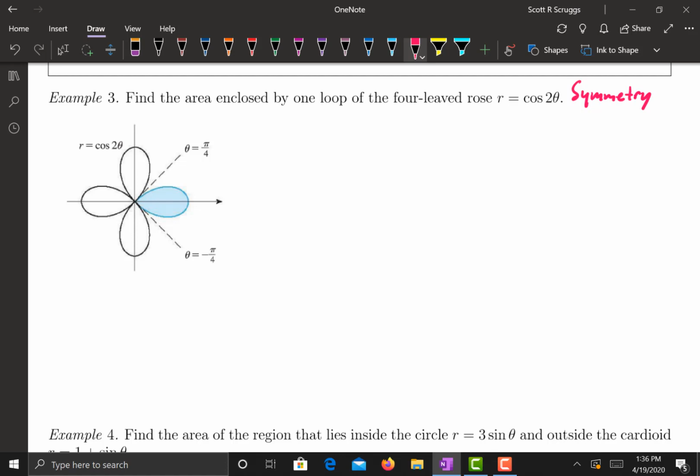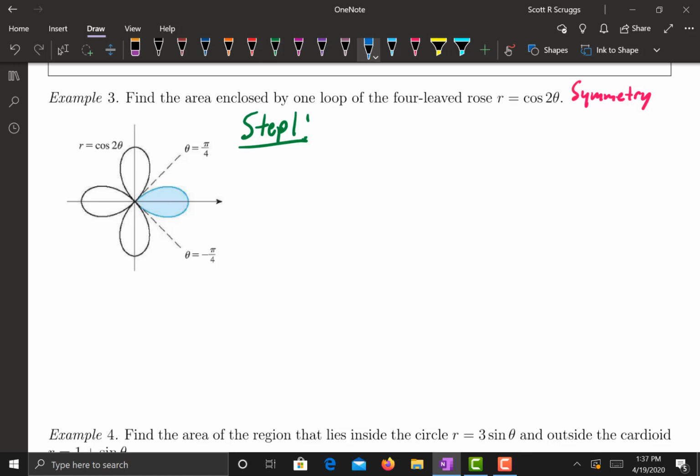Symmetry is going to be our best friend in most scenarios. In order for me to use my properties of symmetry, I need to integrate over a symmetric region. So here's how we're going to do that. Let's find our bounds with a two-step process.